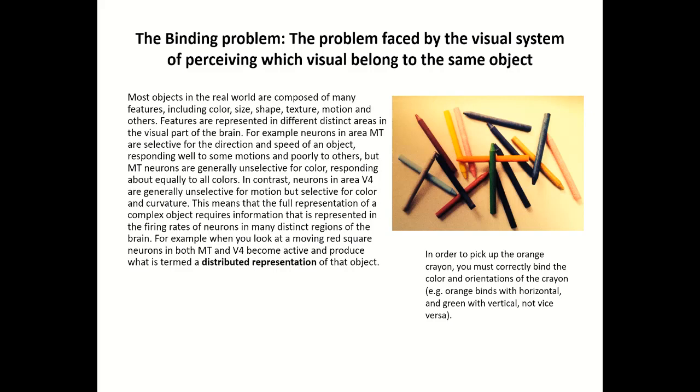For example, orientation and edge are processed in the early visual areas. Your primary visual cortex, simple neurons, can detect the edge and also orientation. However, color is more processed in V4. We talked about that in the last class.